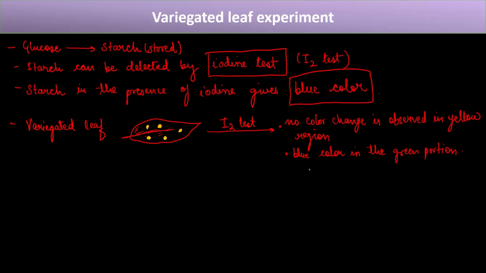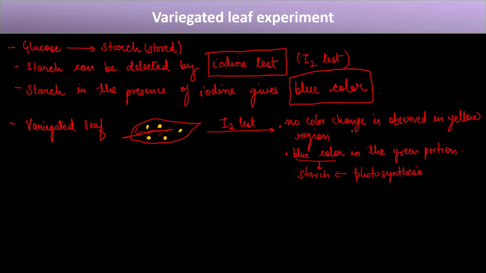So what does it indicate? The formation of blue color indicates that starch is present in that region. And if starch is present, it means photosynthesis is taking place in that region.